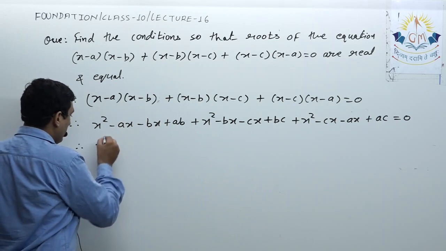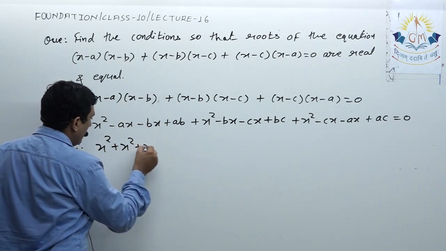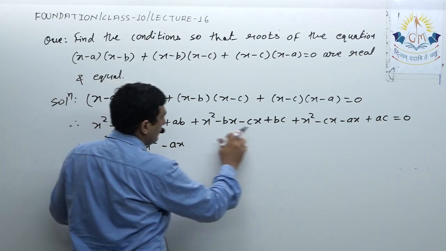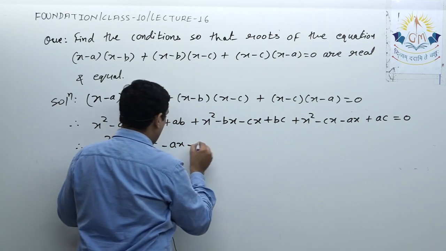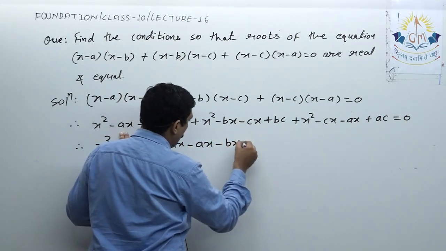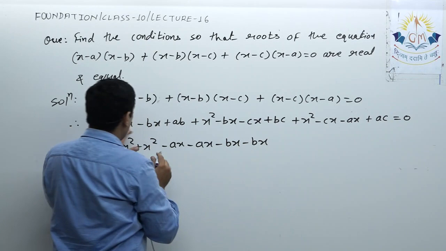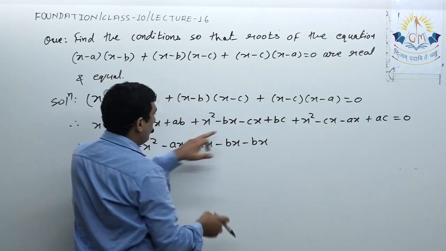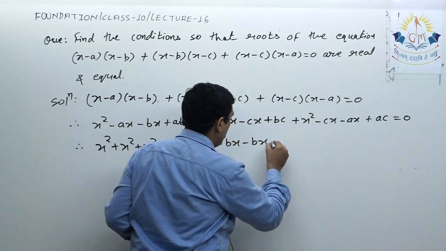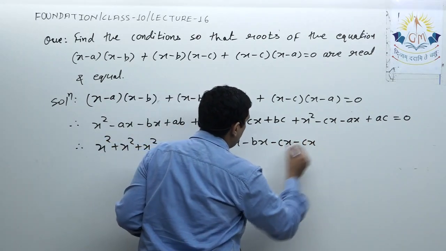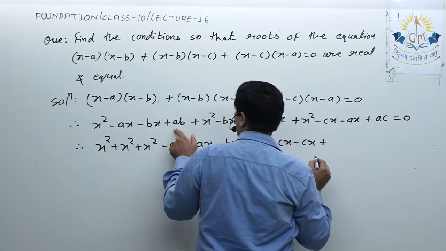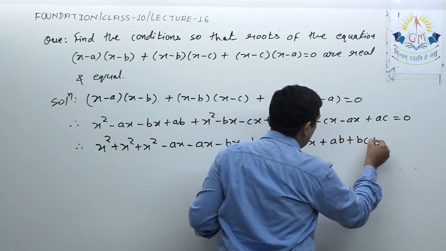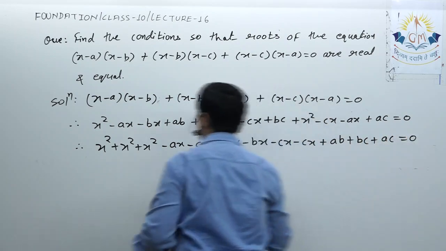So x square plus x square plus x square, minus ax, again minus ax, then minus bx, similarly again minus bx, 2 times minus ax, 2 times minus bx, and 2 times minus cx. Then finally I have ab plus bc plus ac is equal to 0.